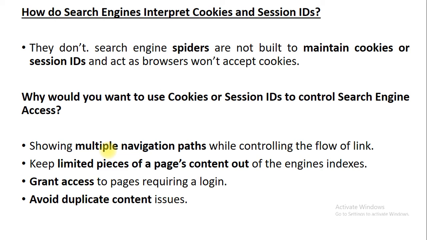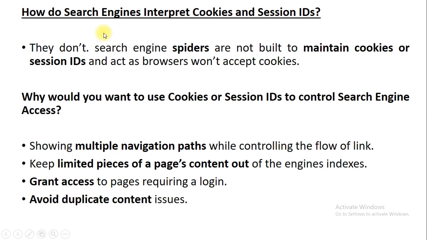Number one, showing multiple navigation paths while controlling the flow of links. That means when you have multiple navigation paths, say you are selecting a certain kind of template in the project.